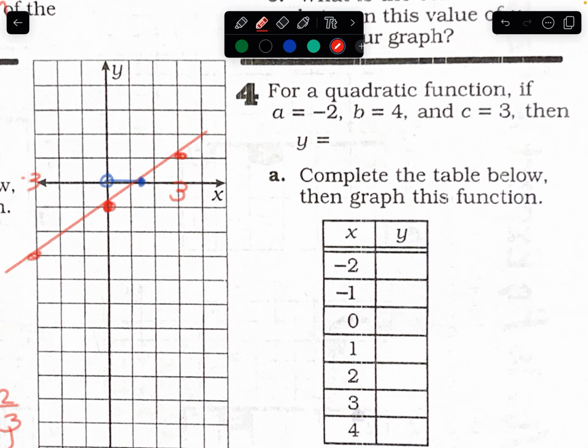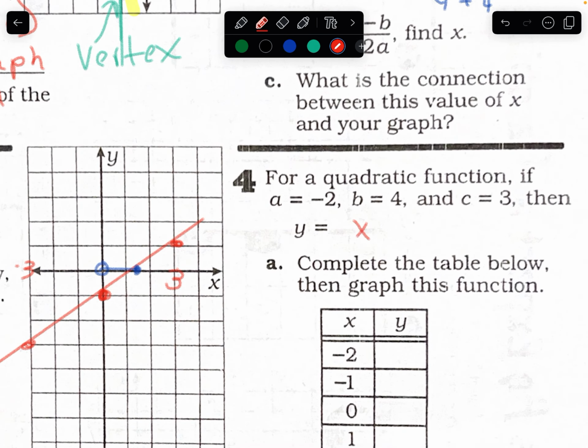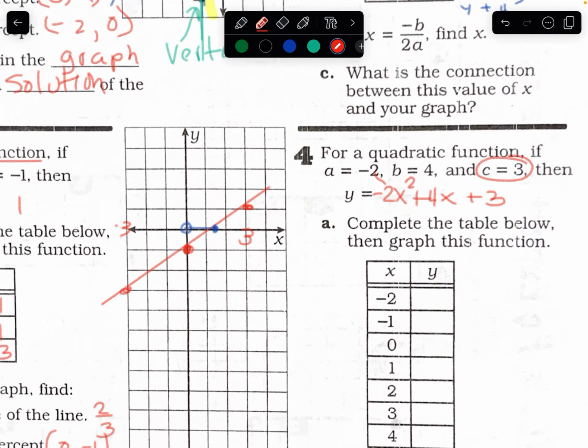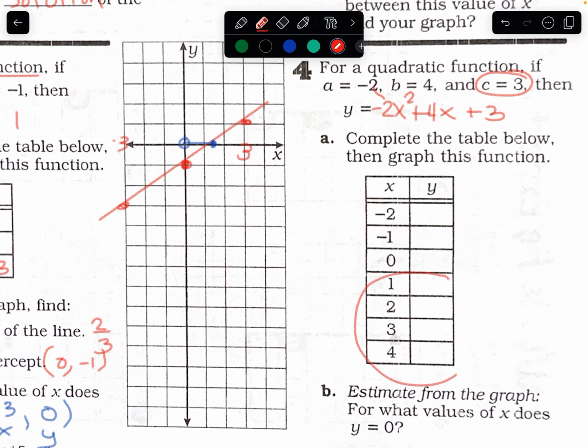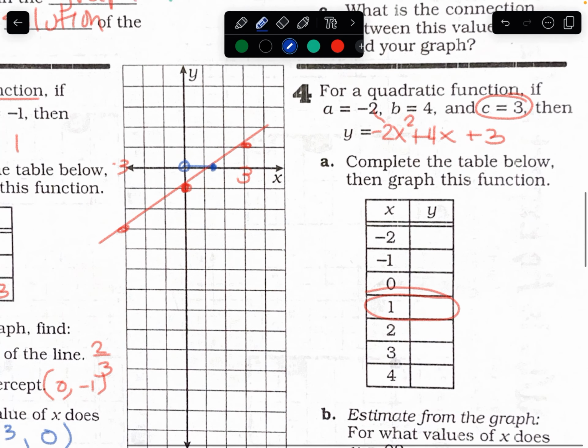Okay, and then you do the same here. Quadratic. X squared, that's negative 2. That means it's going down. Plus 4x, and that's a plus 3. So I'm going to stick with my positives. I'm going to do these 4. Most likely, this is the vertex, okay? Axis of symmetry is at 1, looks like.